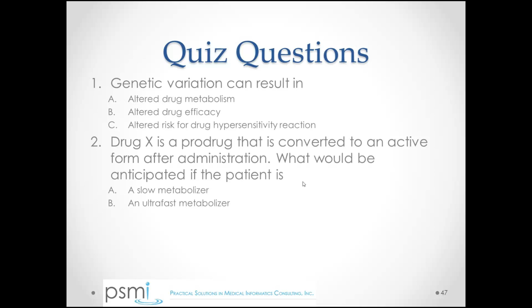Very good. Okay, number two, assume that drug X is a prodrug, and you can think of codeine as drug X. It's a prodrug. It's converted to an active form after administration. So what would you anticipate if the patient is a slow metabolizer? How effective is drug X going to be?